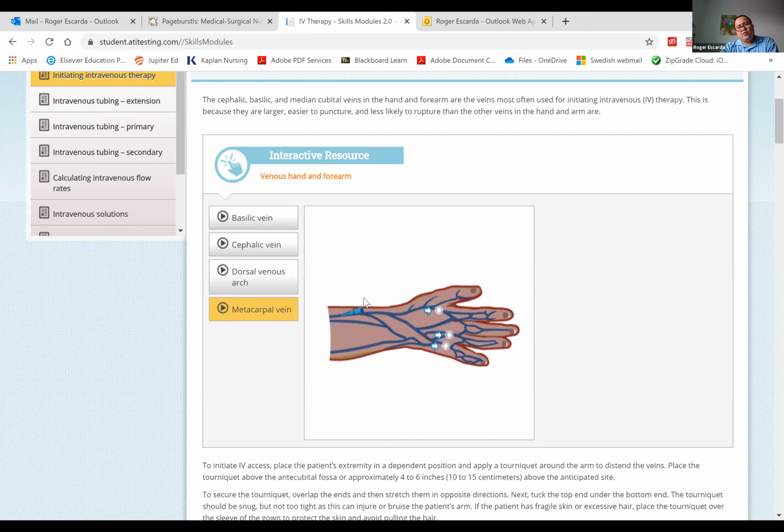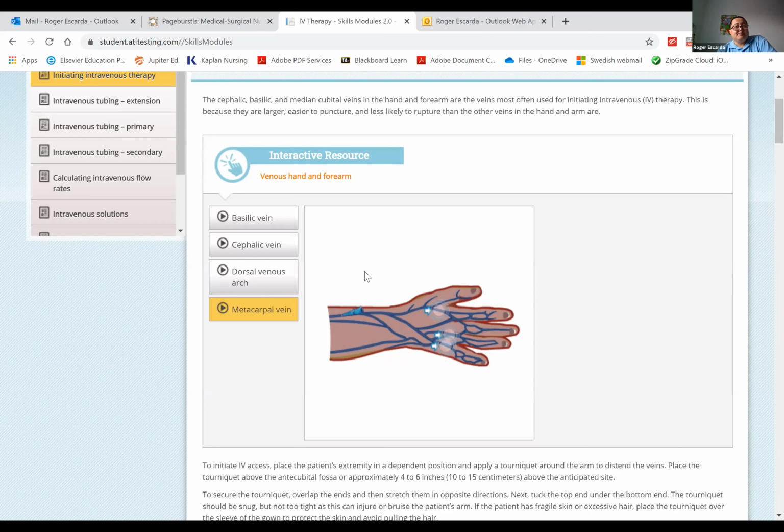We try to avoid the antecubital area, which is the bend of your arm, because that's the worst site it could be. Although you've probably seen in clinical that patients coming from the ambulance or from the ER already have one at the antecubital.